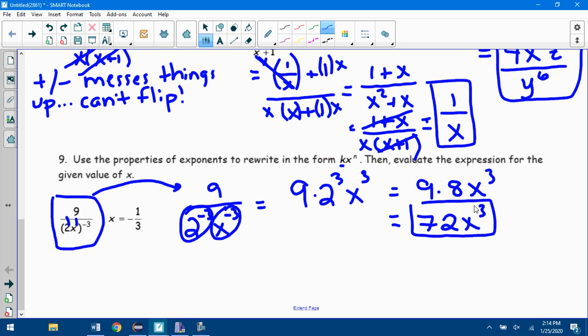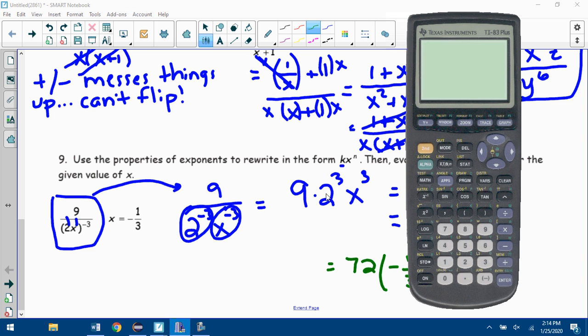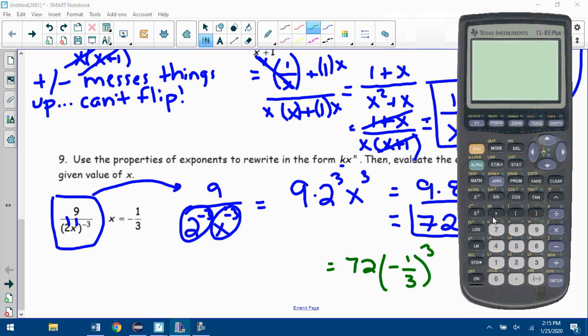Okay, then it wants us to evaluate it for the given value of x. So we're evaluating it for x equals negative 1/3, it looks like. So this is going to be 72 times negative 1/3 to the third. And I don't really need you to do this by hand. It'd be kind of hard to anyway. You could do it probably.